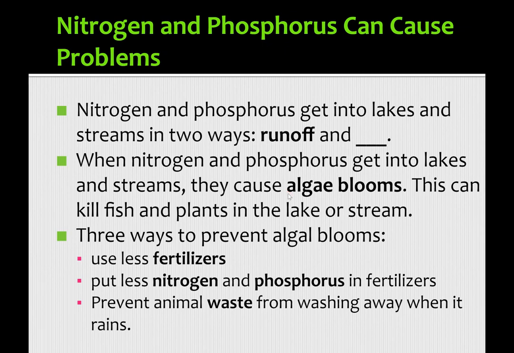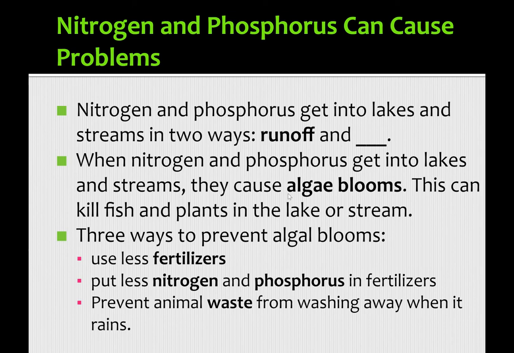Number 1, we could try to use less fertilizers. So instead of using a fertilizer, maybe you try to do a compost. If we do have to use a fertilizer, maybe we could try to use a fertilizer that has less nitrogen and phosphorus as its ingredients.